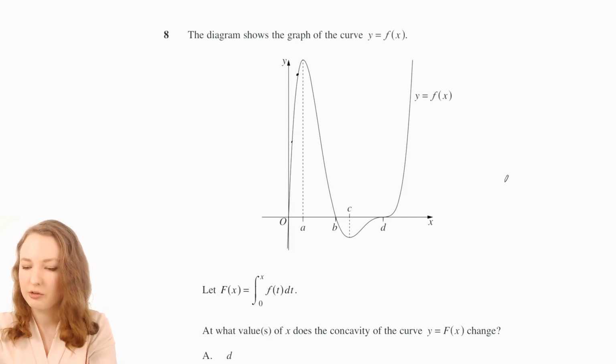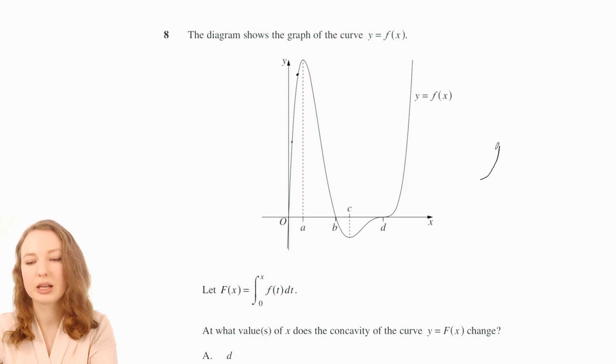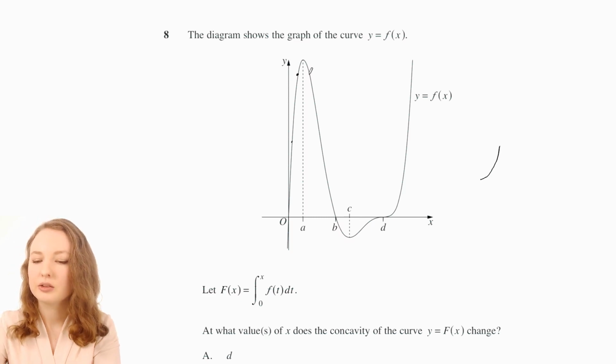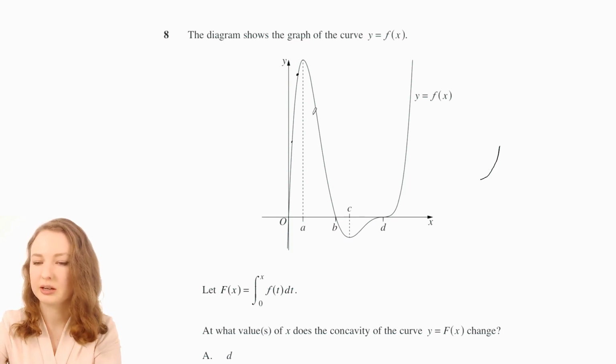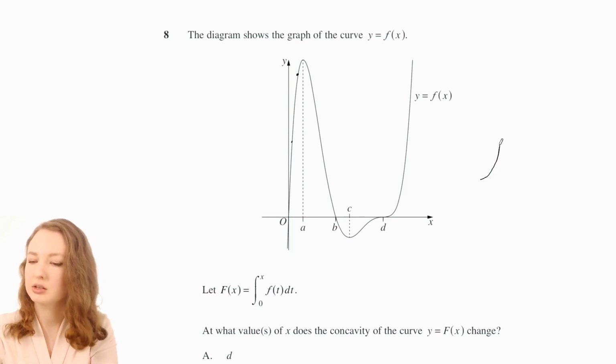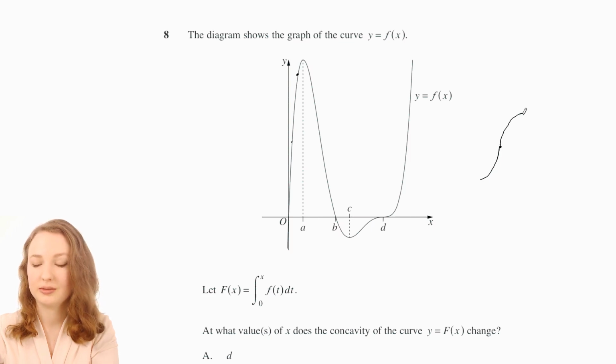So it's going to have positive slope in this region, but also increasing, so it's going to be going like that. And then for this region, we've still got a positive slope because we're still above the x-axis, but it's decreasing. So after point A, it's still positive slope, but decreasing.